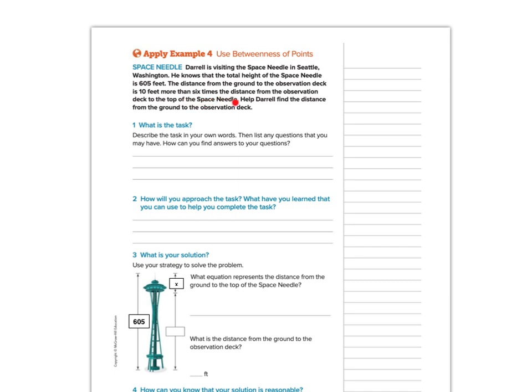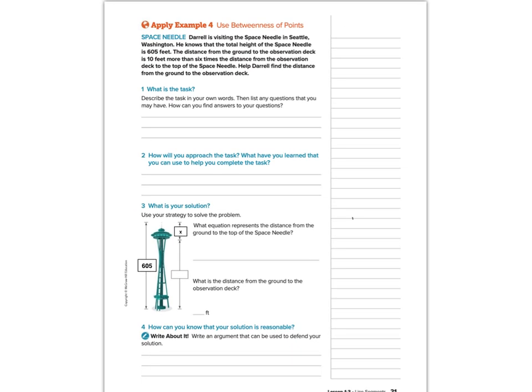Whew. Okay. The thing with word problems and examples often is, what did they not tell us? In this example, they did not tell us the distance from the observation deck to the top of the Space Needle.